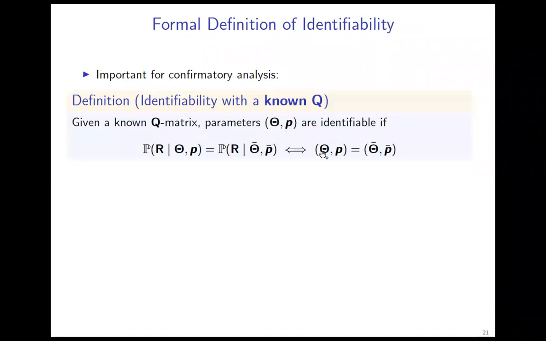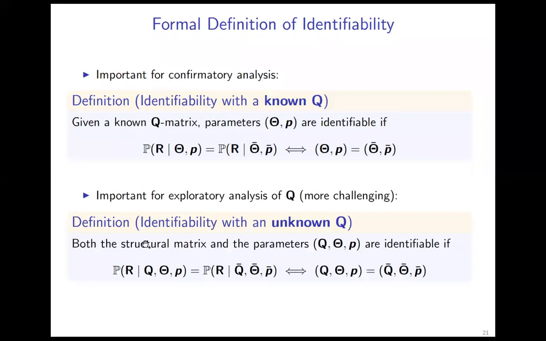In this case, we don't have label switching because the Q matrix is like an analog of the factor loading structure, so it is not an issue. But for entirely exploratory analysis where the Q matrix is unknown, the identifiability is in the sense of up to label switching.